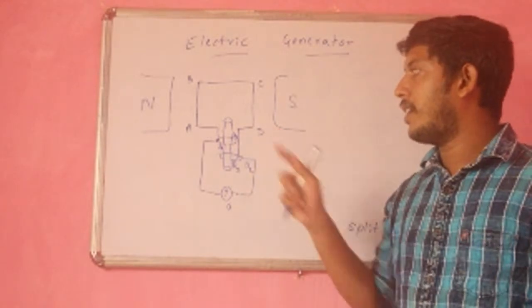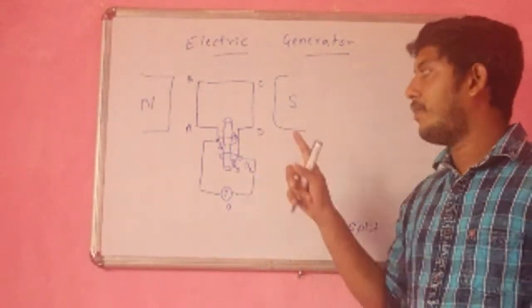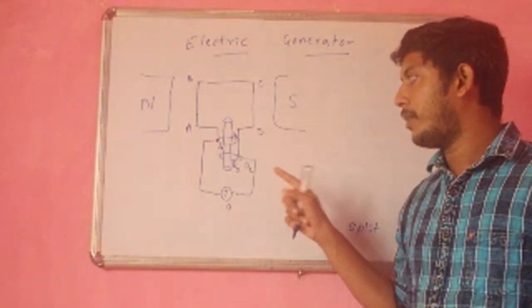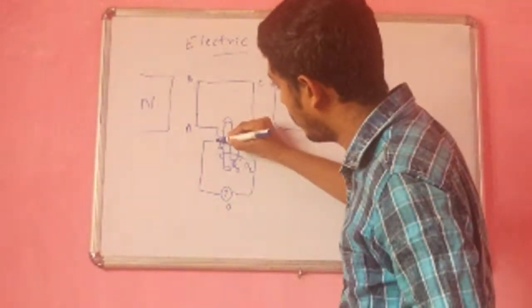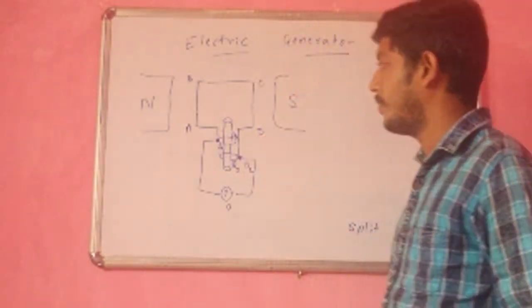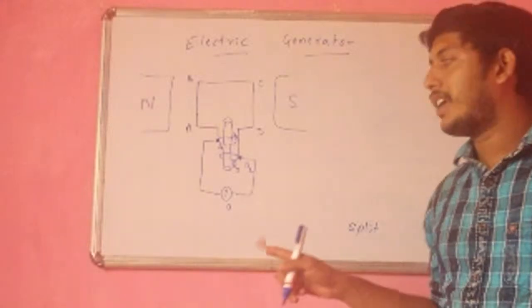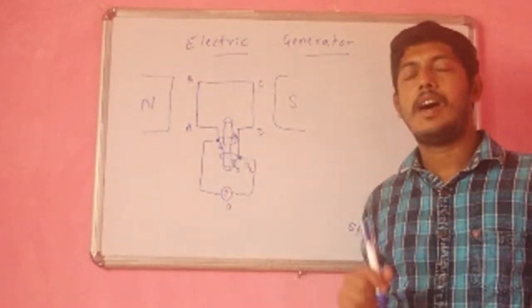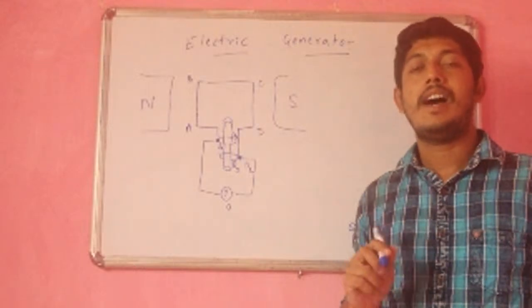They are named R1 and R2, and for each ring brushes are connected. Brushes are named P1 and P2. Brushes P1 and P2 are connected to a galvanometer, and the rings R1 and R2 inside are insulated.